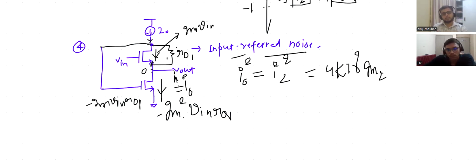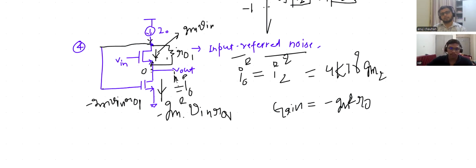So transconductance for the circuit, then just refer it to the input. What is the input referred noise in terms of the transconductance of the circuit? So my gain is GM square R naught. No, no, I want, okay, we got some capital GM for the circuit. Then what is the input referred noise? It is 4 kT gamma GM divided by capital GM.